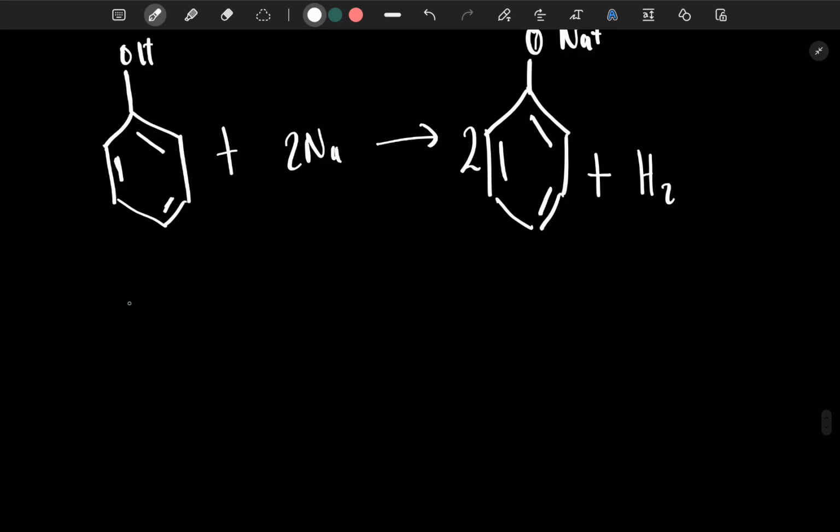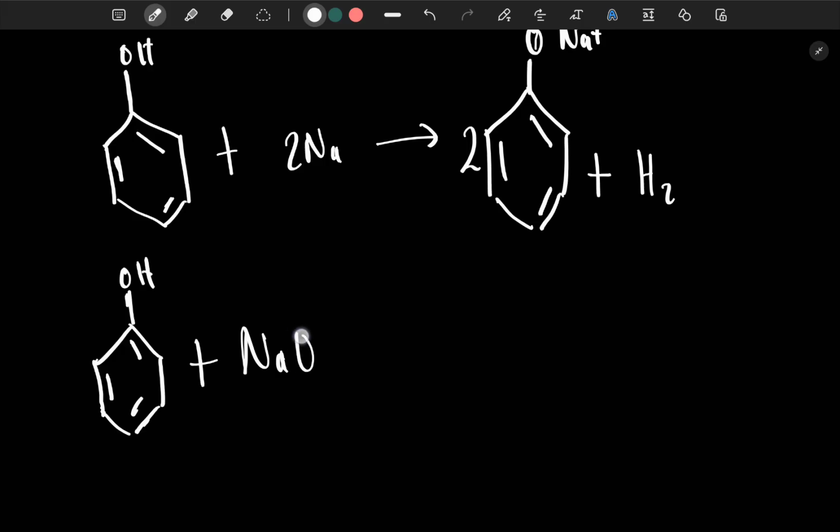Then what is the last one? What about if I have the same thing using those things? What would happen if it now reacts, instead of with a metal, with a base, like NaOH? Acid plus base is equal to salt plus water. It's a neutralization reaction.